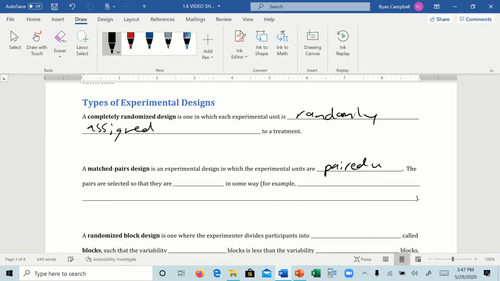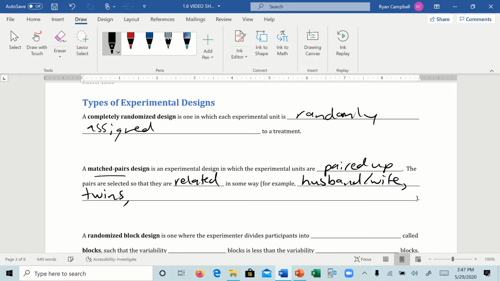The matched pairs design is an experimental design in which the subjects are paired up. Makes sense, right? Matched pairs, they're paired up, in such a way that they are related to each other. So this could be husband and wife, right? There's two groups: one's the husband, the other one's the wife. It could be twins.